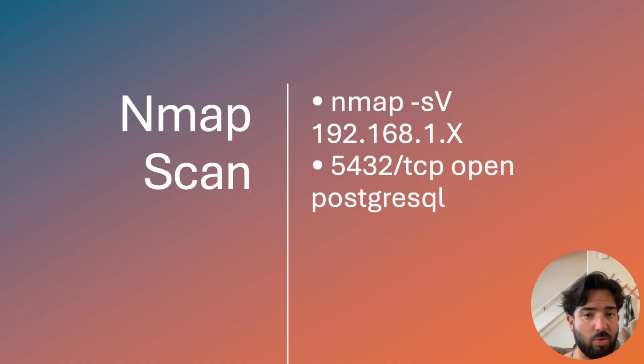The result shows that port 5432 is open and specifically identifies PostgreSQL as the running service. This confirms that the database is properly configured, reachable from the network, and functioning as expected, which is a key requirement for this assignment.